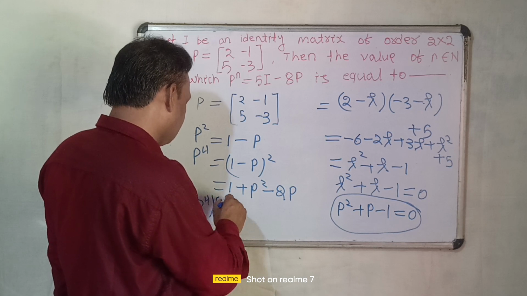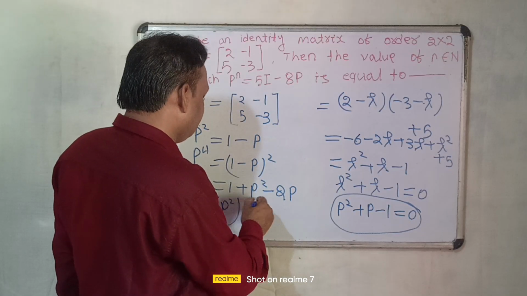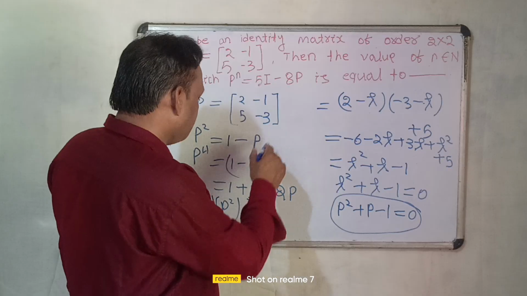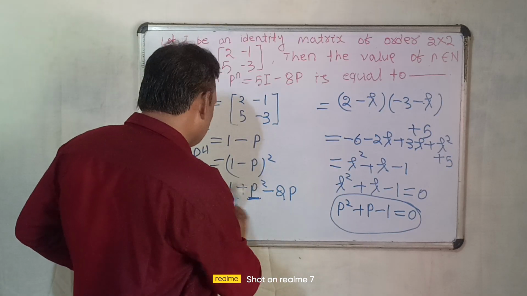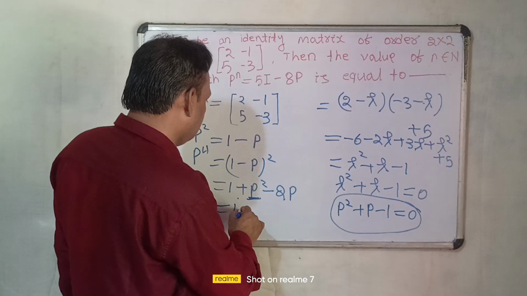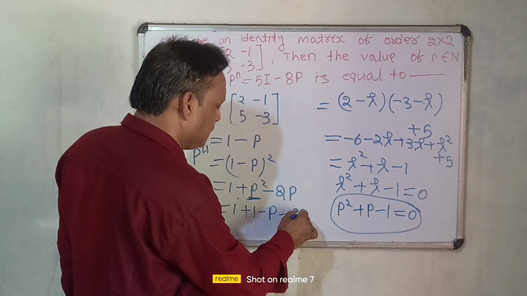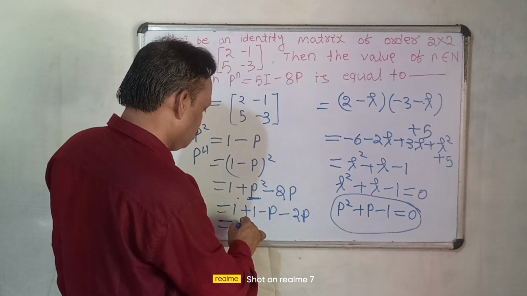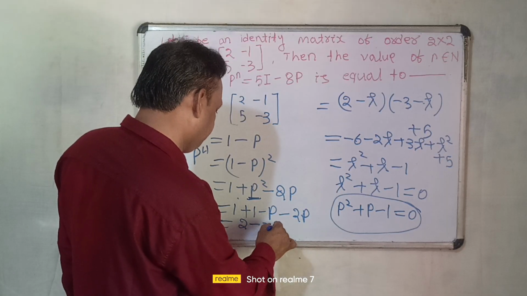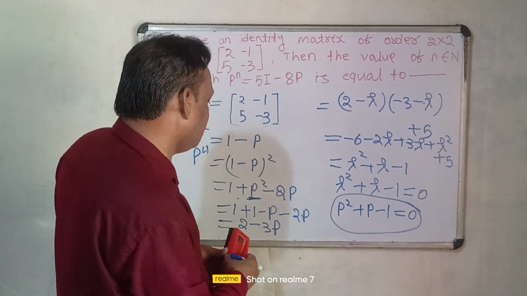Now P square is equal to 1 minus P, so in place of P square we can substitute 1 minus P. Then this becomes 1 plus 1 minus P minus 2P, equal to 2 minus 3P. So P to the power 4 is 2 minus 3P.